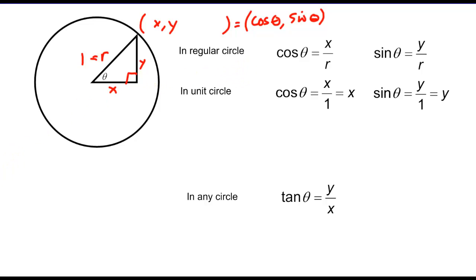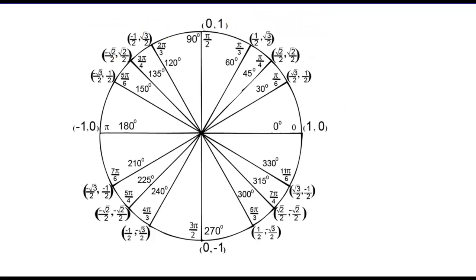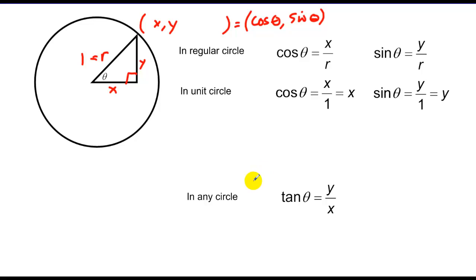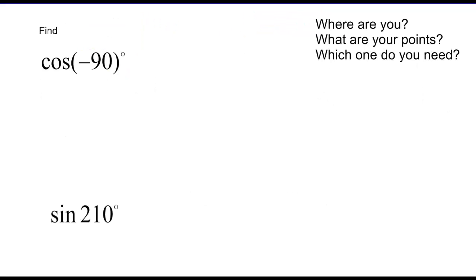So therefore we also know not only the x and y values of these 30, 60, and 45 degree multiples around a unit circle, but we know the sine and cosine values for the 30, 60, and 45 degree multiples around a circle. And for any circle, tangent's always equal to y over x, because it just rules out the hypotenuse completely.